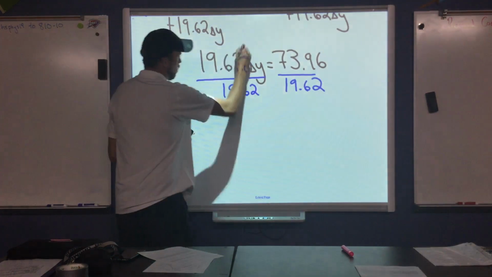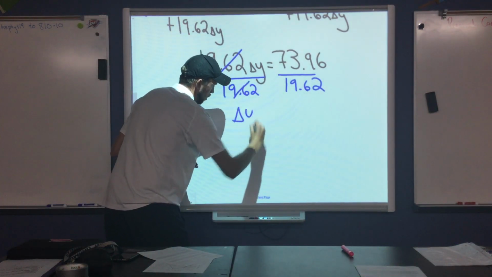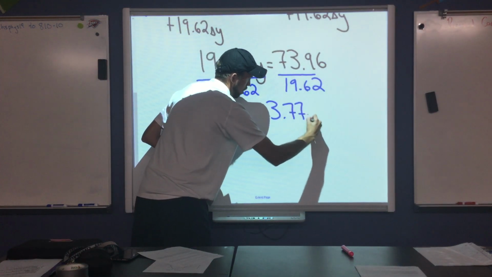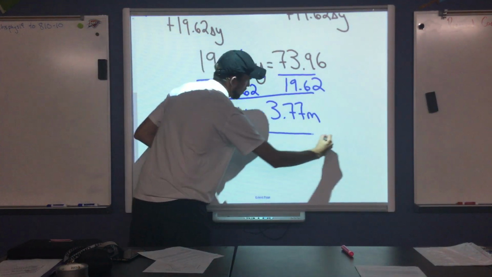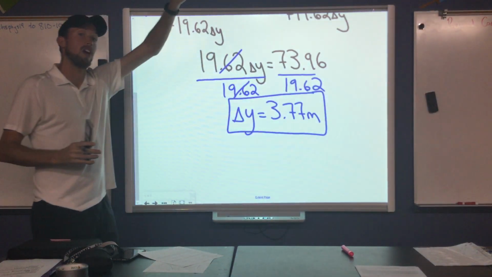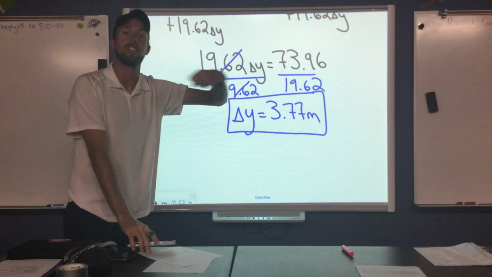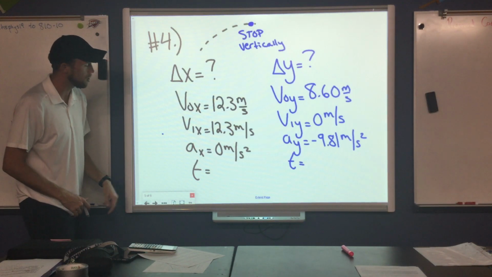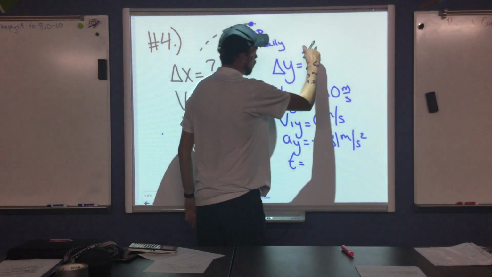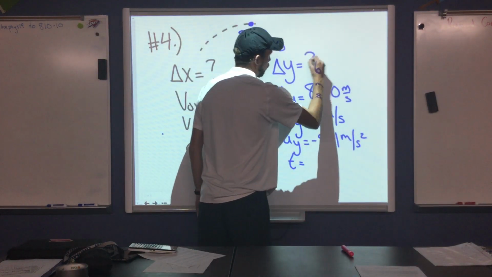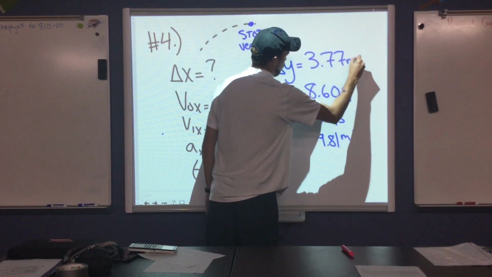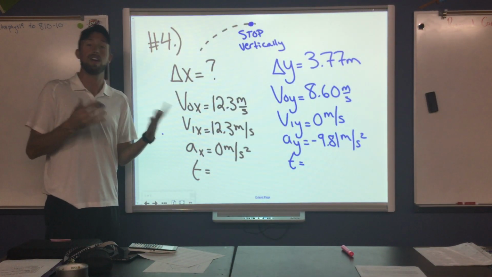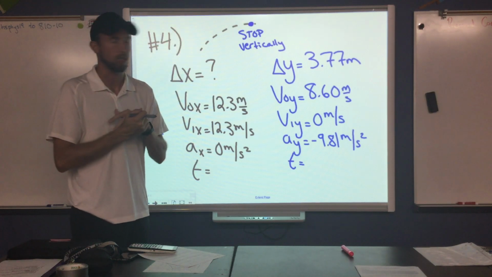We end up getting a value for our delta y that is 3.77 meters, which tells us this is the height when our vertical velocity stops, which means it is by definition the highest point on our trajectory. So if I come back to my variables, I can see that delta y is now 3.77 meters. Now we have an answer for the height of our object at the peak of its trajectory.